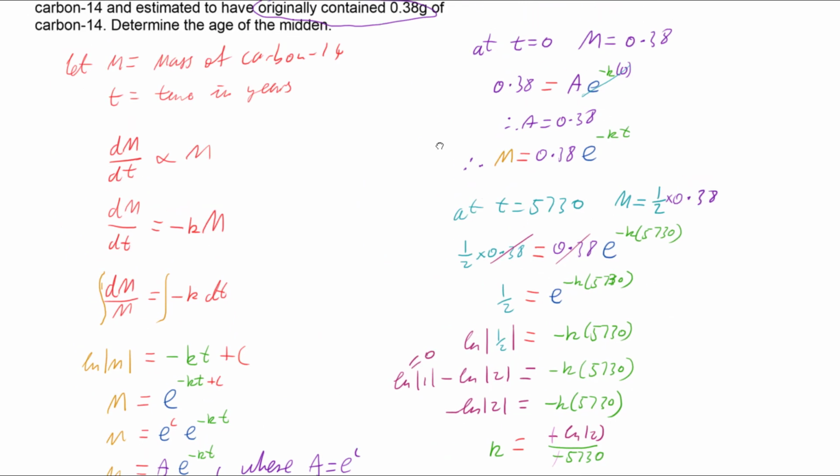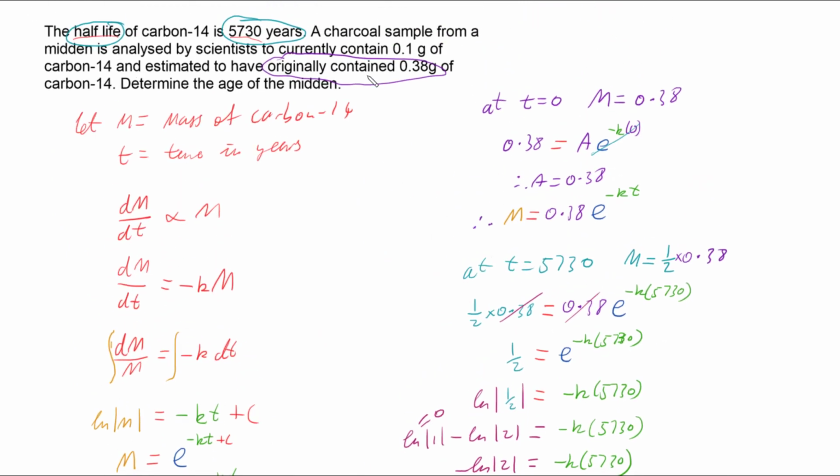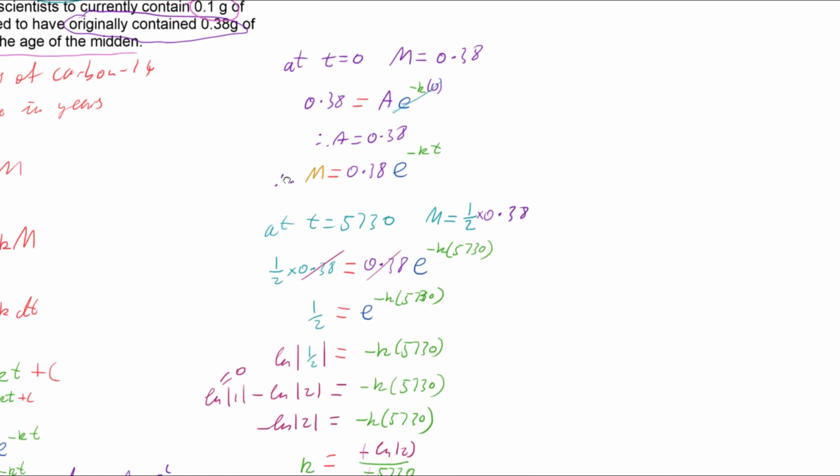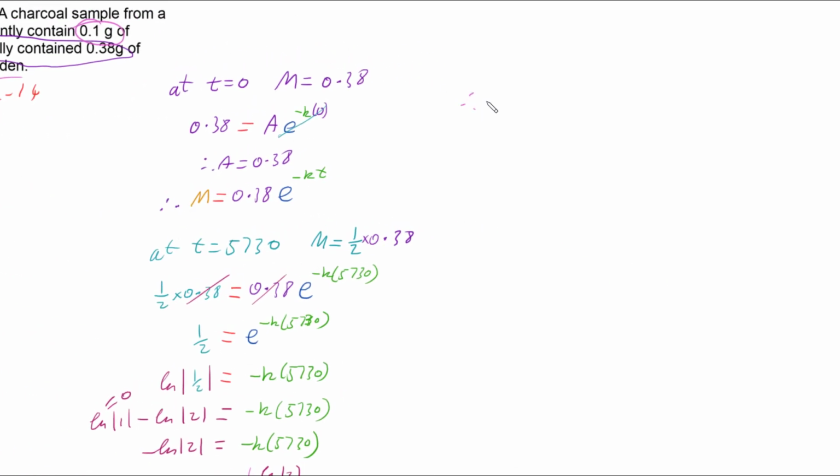Now we can answer our question. Currently, the midden contains 0.1 grams of carbon-14, and we want to determine the age of the midden. So that means that if our mass equals 0.1, we want to know what the time is.